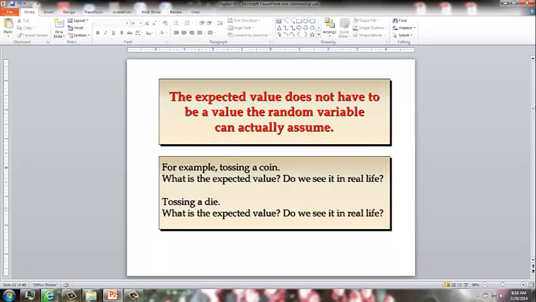And here is a real-life example, tossing a coin. What is the expected value? Think of it this way. Suppose you assign 0 to heads and 1 to tails. Keep tossing a coin, let's say 5,000 times. You'll have a sheet with 5,000 numbers consisting of zeros or ones. Take the mean of those 5,000 observations.